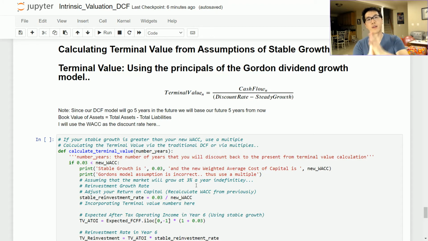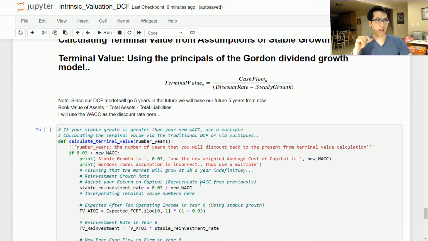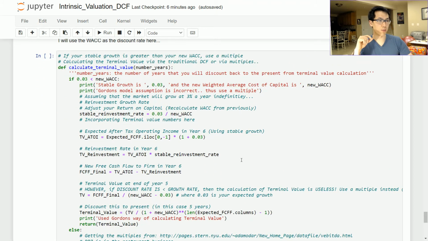You're bringing all the cash flows to your present time, and that's the amount of cash flow you're expected to get whenever time ceases to exist, or whenever the company goes belly up. And this is the overall formula that I went ahead and wrote out.